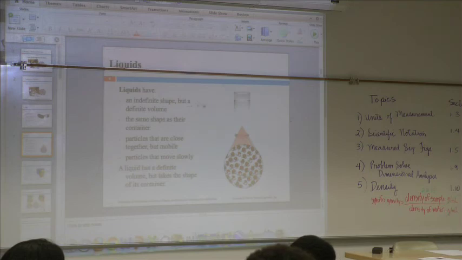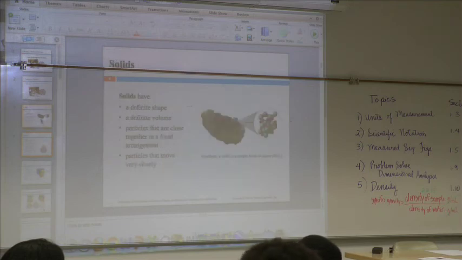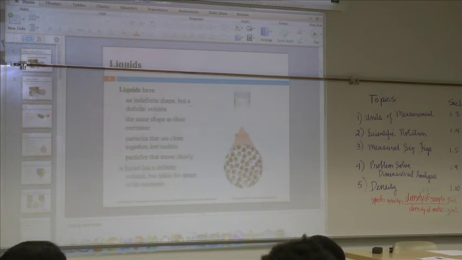So liquids, so take note of solids, right? Definite shape, definite volume. Particles are fixed, move very slowly. In fact, they don't move, they just vibrate, right? They actually vibrate. But liquids have an indefinite shape, a definite volume.